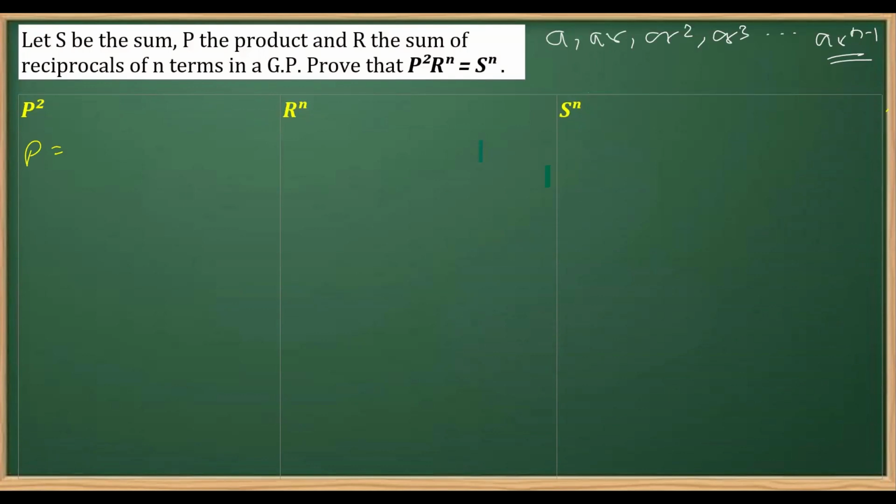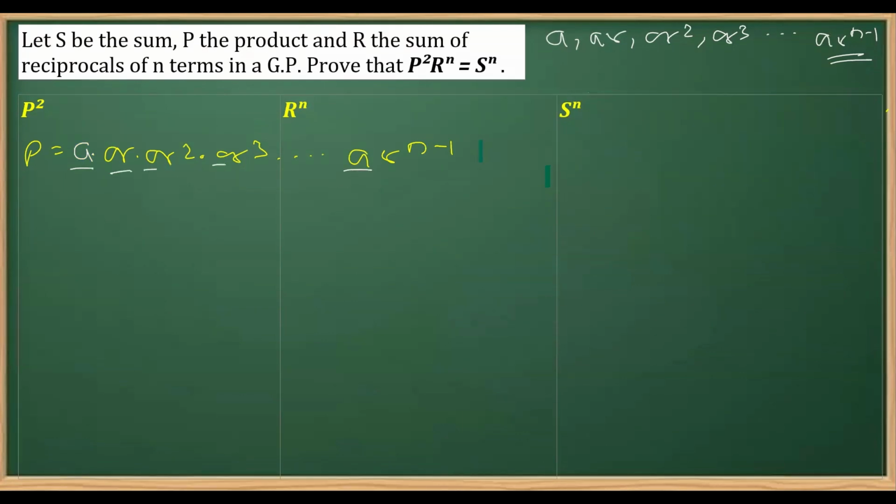P will be the product, that is a multiplied by ar multiplied by ar square, ar raised to the power 3, up to ar raised to the power n minus 1. Now, look into just a. A is multiplied how many times?